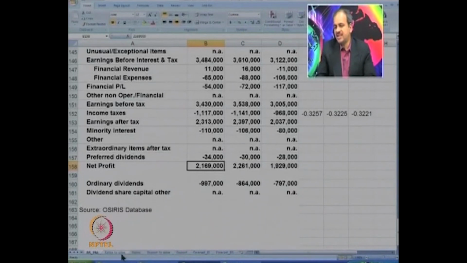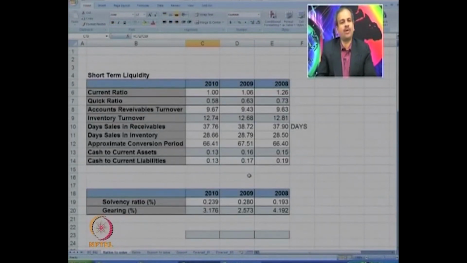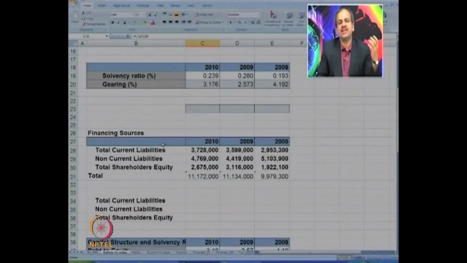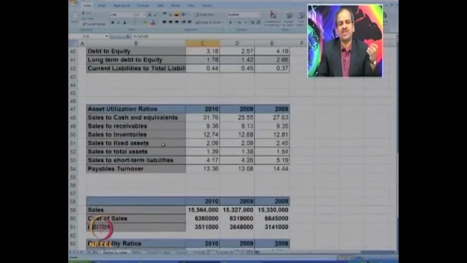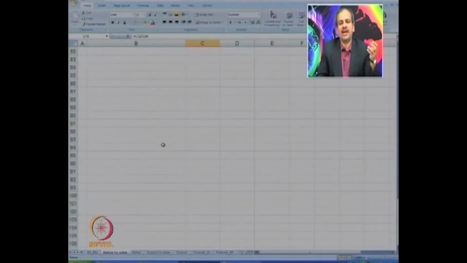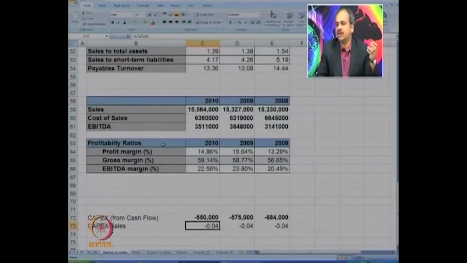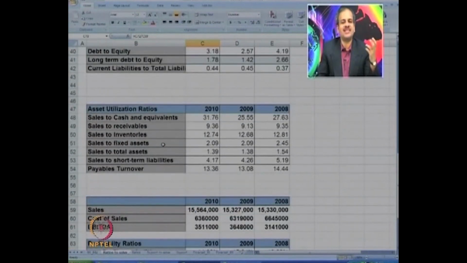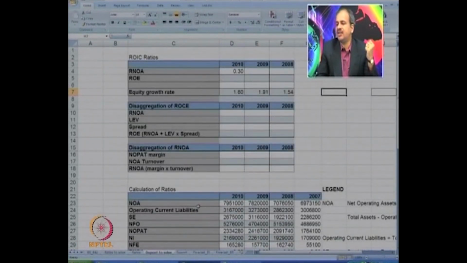We have in the last session done a number of ratios which you can have a view. We have calculated ratios like current ratio, quick ratio, account receivable turnover, which were all short term solvency ratios. Then we had looked at financial ratios. We had also looked at the profitability ratios and asset utilization ratios and so on. In the last session, we were looking at the DuPont analysis for the company.